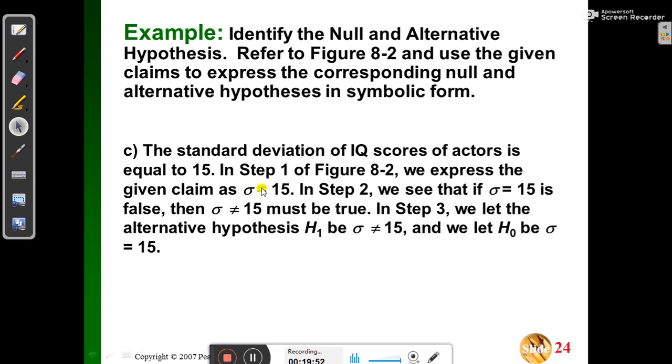If this is not true, or this is false, then obviously not equal will be true. So that will be our alternative hypothesis. Sigma not equal to 15 is the alternative hypothesis, and sigma equal to 15 is the null hypothesis, because both are opposite. If this is true, this is false.